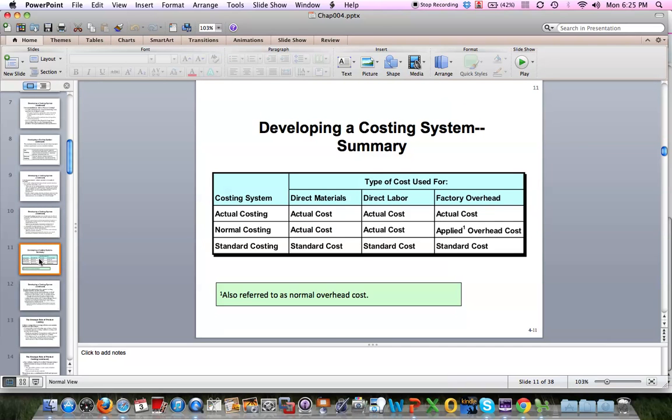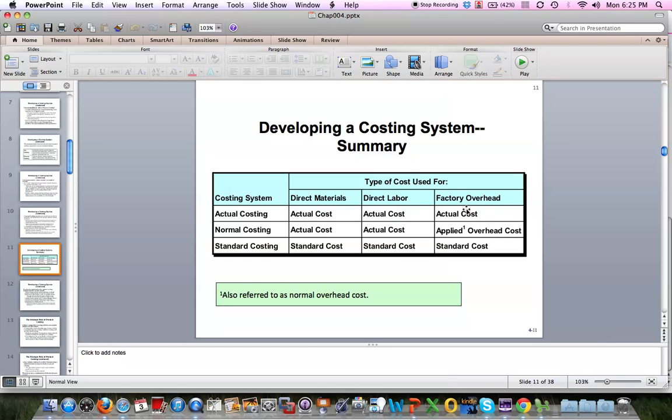So, summary here of developing a cost system and our different methods that we can choose from. This is on the bottom of page 98 again. We've got the three costing systems, actual, normal, and standard. For direct materials, we use actual for actual, normal. For standard costing, we have a standard that we come up with. For labor, actuals and standard.